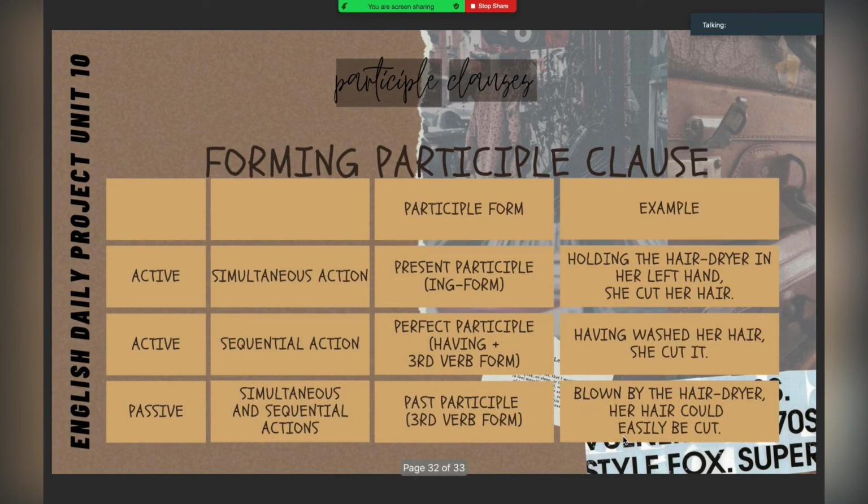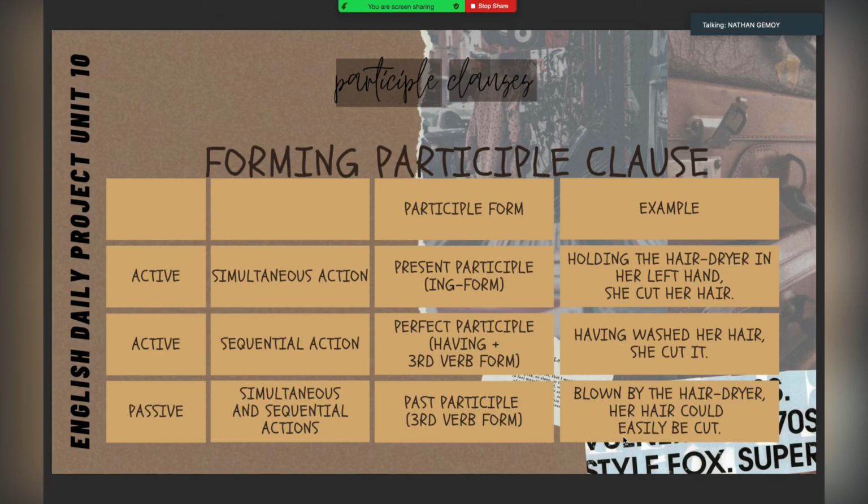So in conclusion, we can see that forming participle clauses has two active and one passive sentence. In the active table, we can see that there are two different actions, which are simultaneous action and sequential action. For the simultaneous action, we use the present participle or the ing form. For example, holding the hair dryer in her left hand, she cut her hair.